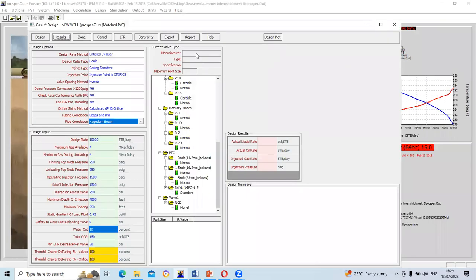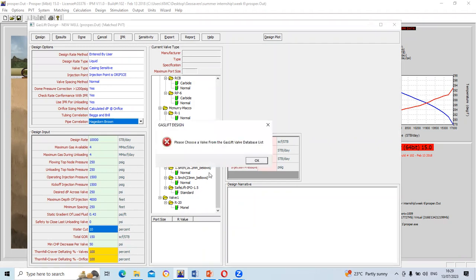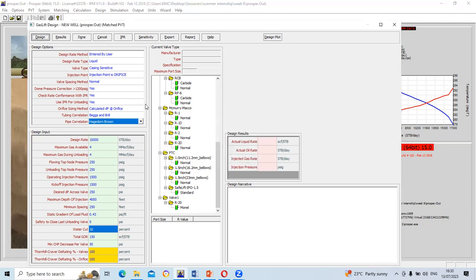Oh, there's data that we have not put. This one is okay. Is it the design rate method?